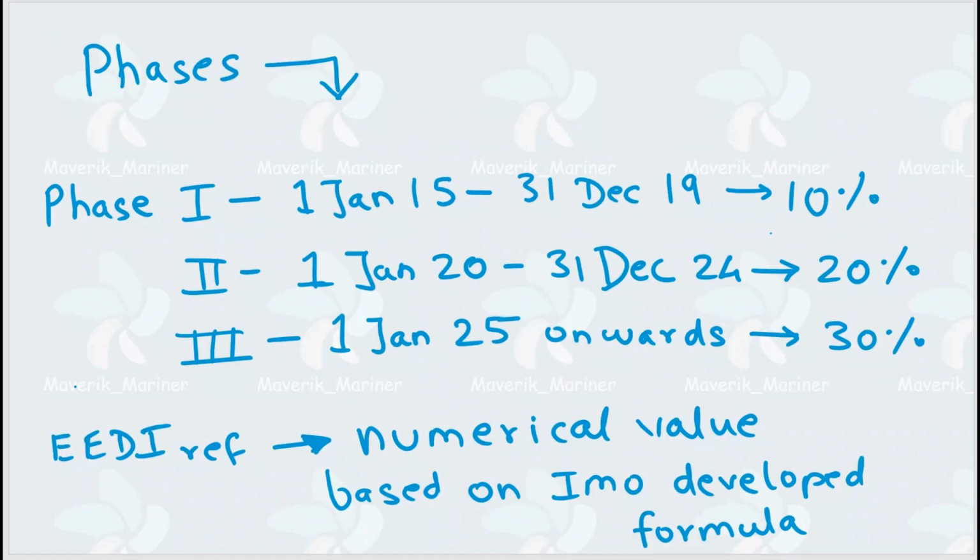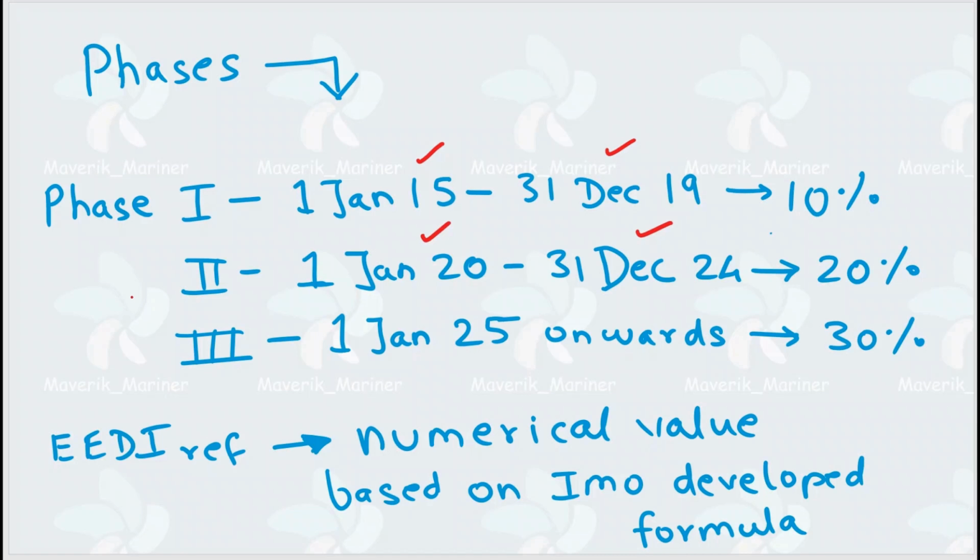Here when you see, there are three phases, namely phase 1, phase 2 and phase 3. Phase 1 starts from Jan 2015 to 31 December 2019, that is for 5 years, and the expected reduction is 10%. Similarly, phase 2, which we are right now in, is for 5 years from 1st Jan 2020 to 31 December 2024.